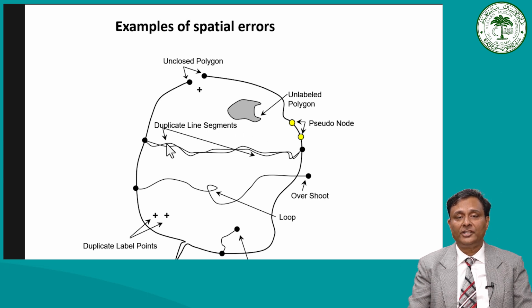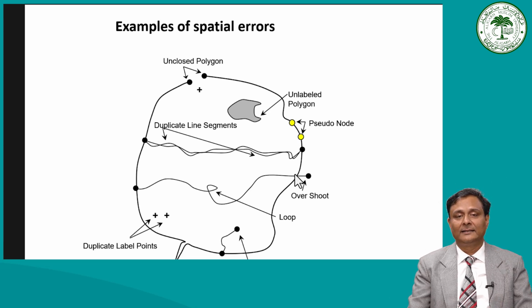If instead of two lines, the lines are overlapping and intersecting each other, then again this is an error. And while you are digitizing, if you are not careful, a loop may come. So you are drawing a line feature, but here you have created a polygon. This is one kind of error.